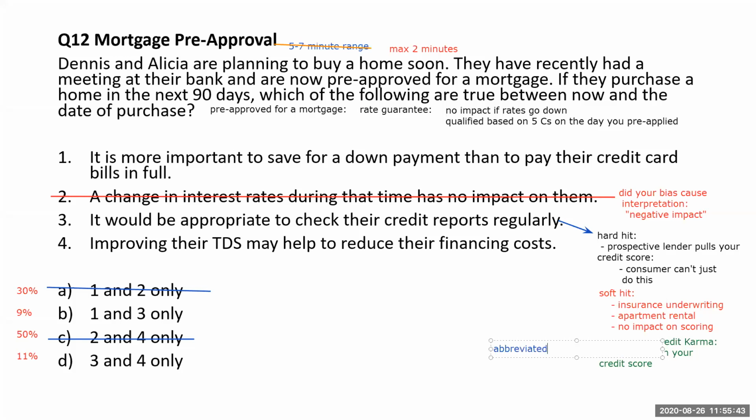It doesn't just have the score on it. It will show your soft hits and hard hits. It will show anything that's in collections. It'll show your current outstanding balances or your most recently reported balances. Okay.